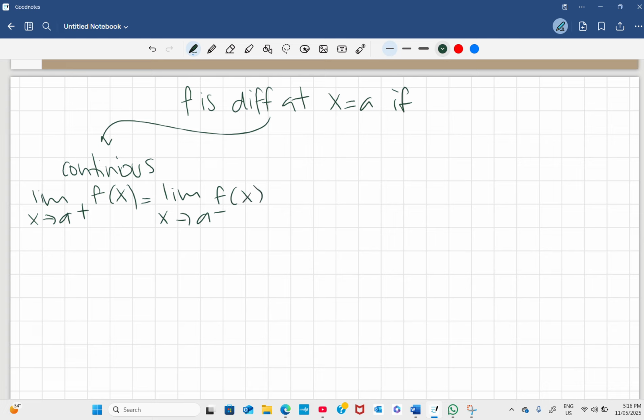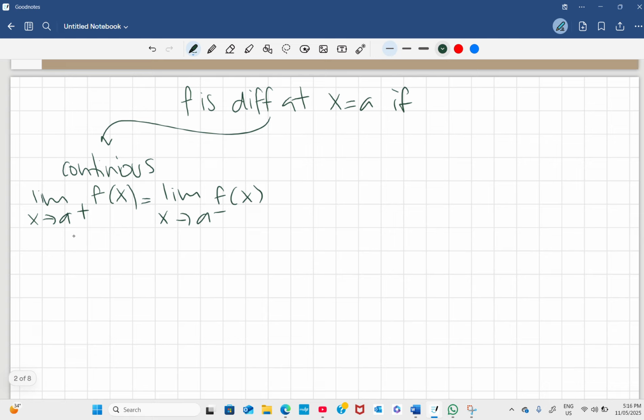So since we know this, what are we gonna do in the question? They told us that it's differentiable, so I'm gonna find the limit as x goes to the positive value from whatever number they told us, and I'm gonna equate it to the one where it approaches the negative one. They told me it is differentiable, so there's no way it's not gonna be equal to each other. So I'm gonna find the equation and then just substitute.